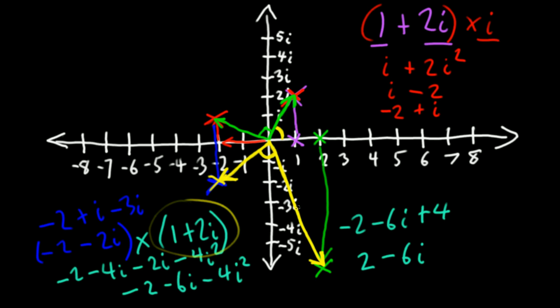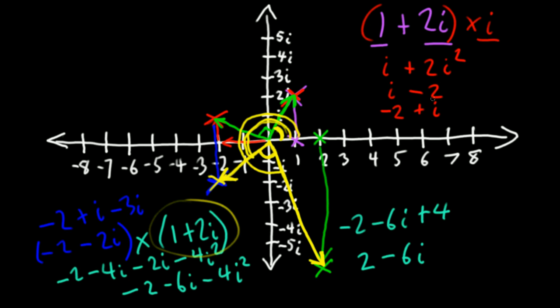Or another way to think of it is that we've added the two angles together. We have this one angle, and then we have this angle to the other number, and then we added those angles together and got this big angle to this vector. Now notice, in addition to rotating, we also scaled.